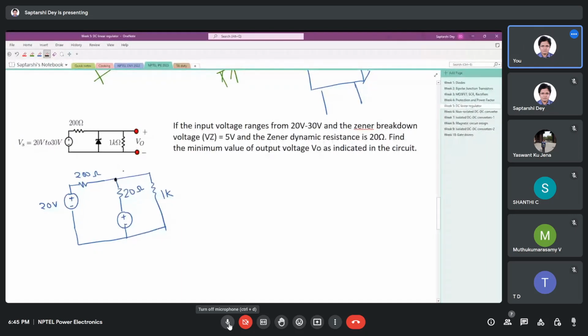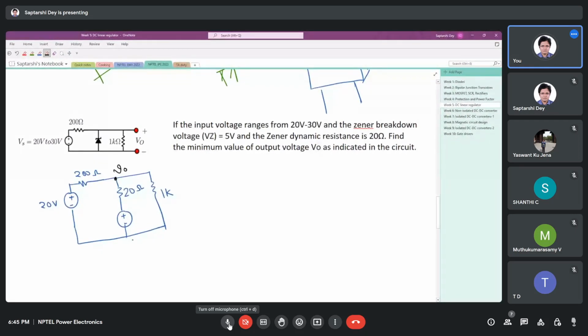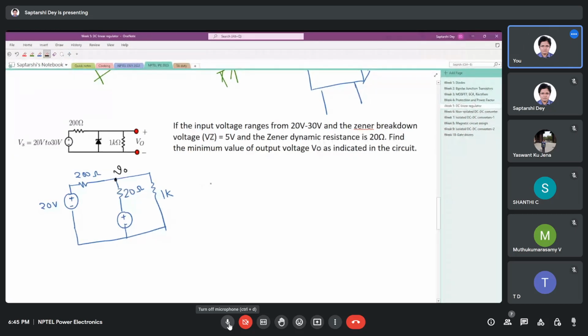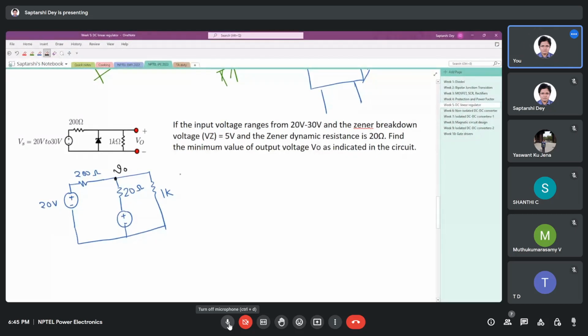Right. What we can do? I think the simplest way is node voltage analysis, right? I can write capital V also, DC circuit.